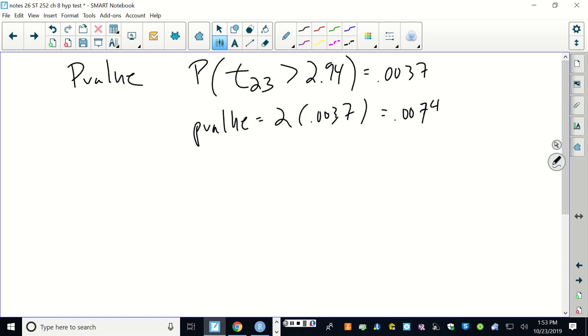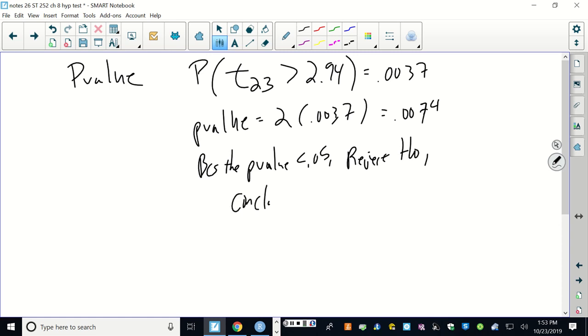And so because the p-value is less than 0.05, we can reject the null hypothesis. And conclude cholesterol is higher on average.